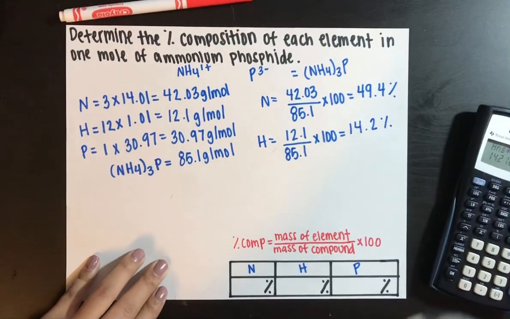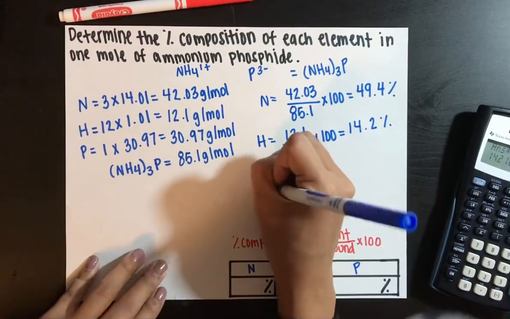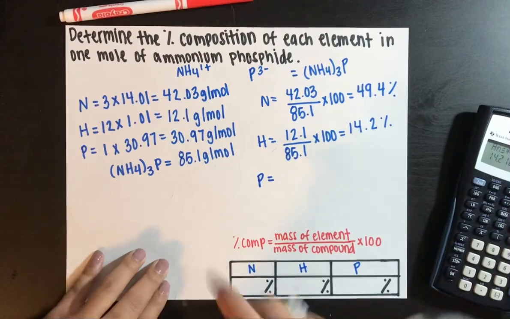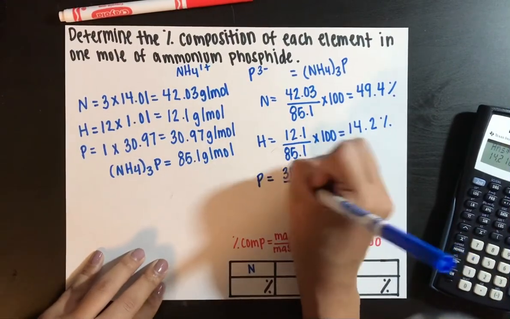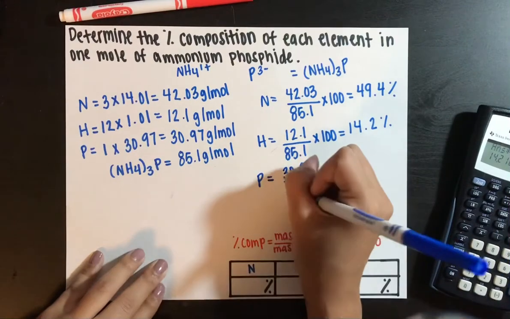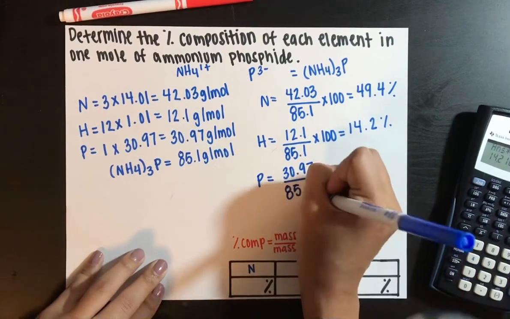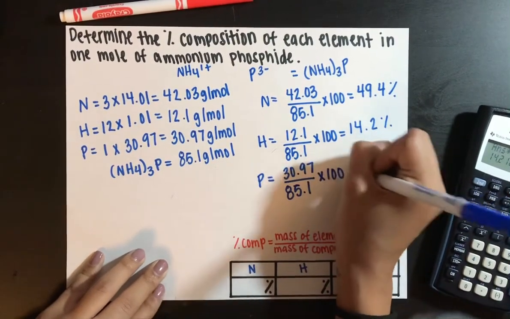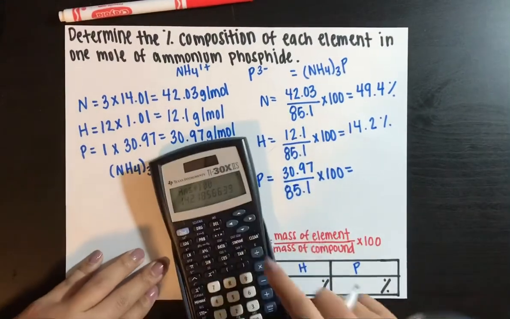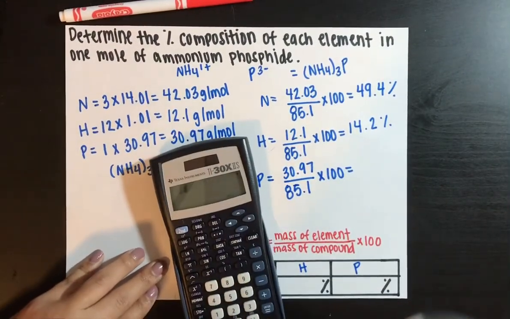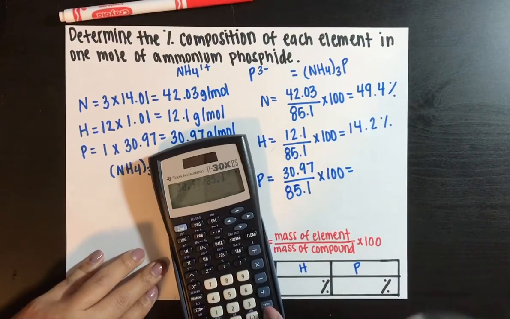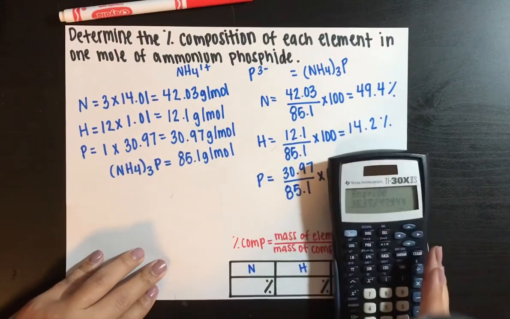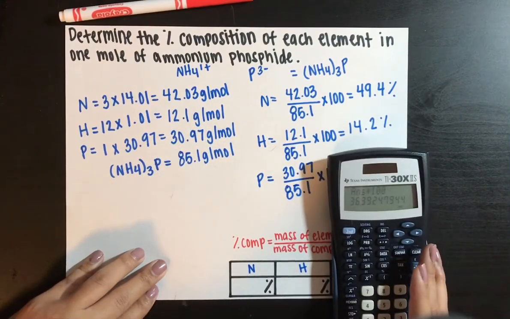So our answer is 14.2%. And then for phosphorus, again, we take the mass of that element, which is 30.97, divide that by the mass of the compound, which is 85.1, and multiply that by 100. 30.97 divided by 85.1 times 100 gives us 36.39.